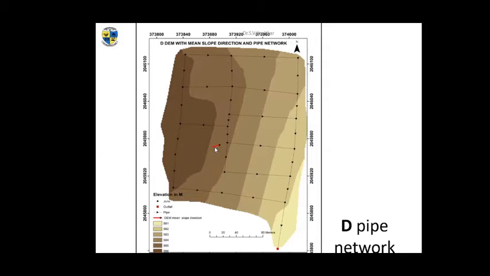It is extracted from the elevation model, while the pipe network slope directions, how it is laid, are shown over here. Now after you run the algorithm, which is just similar to a spanning tree algorithm, it cuts based on logic whether these pipes are along the slope or across the slope without actually breaking the network as a whole.